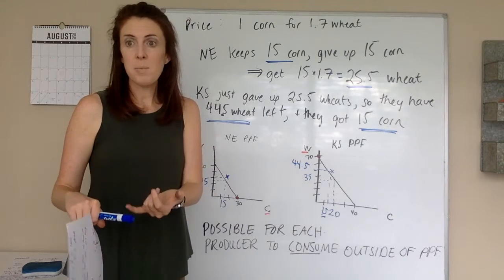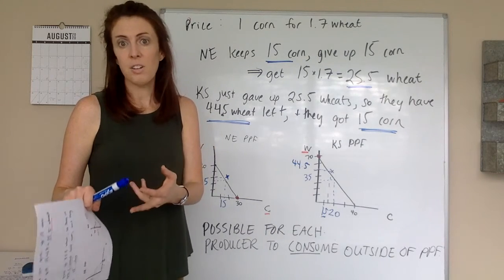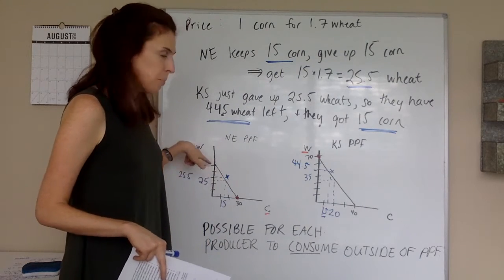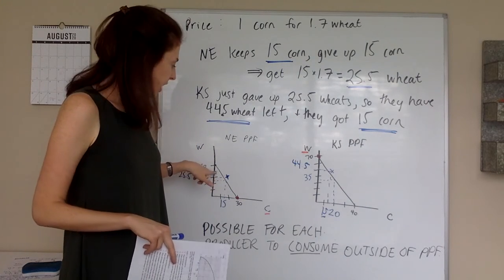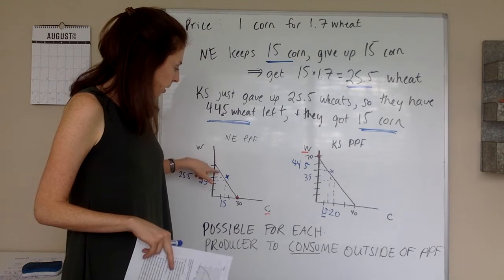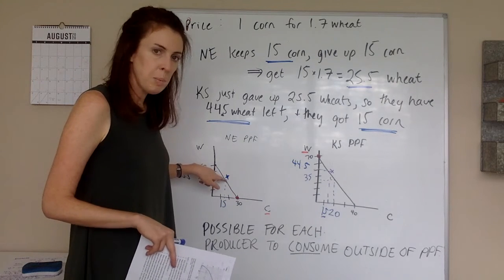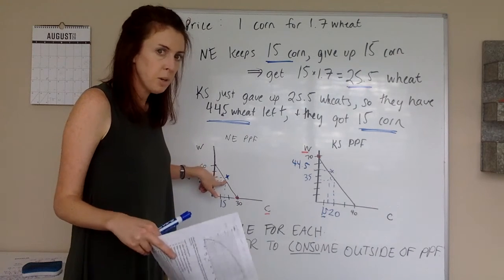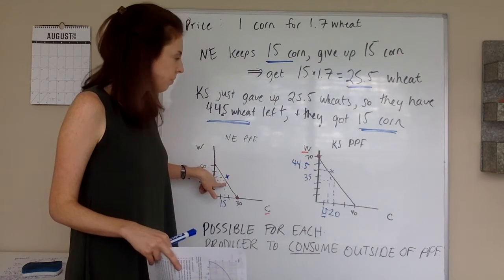In China, they'd have to make all their own beef, all their own rice, all their own t-shirts, all their own everything. And each country is going to have some PPF. So in a world with no trade, each country would pick some location along their PPF. They'd produce that combination of stuff. There's no trade, so whatever they produce, that's what they eat.